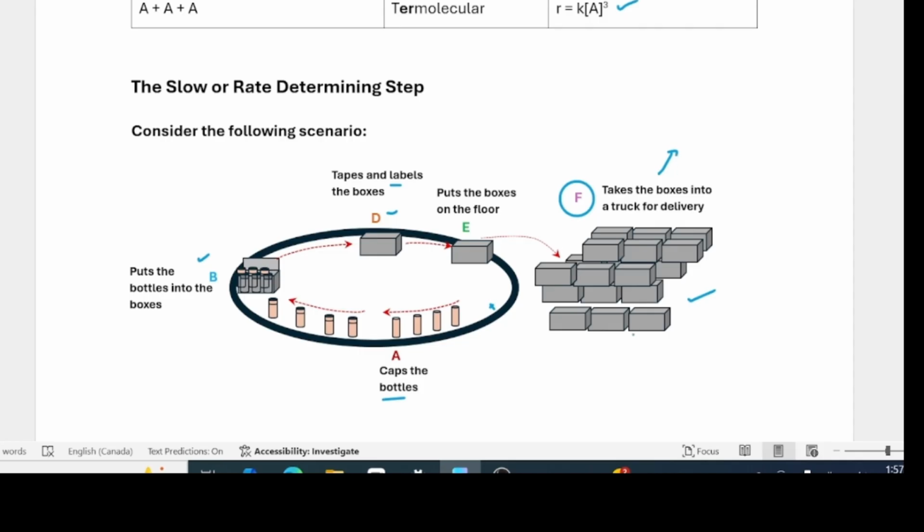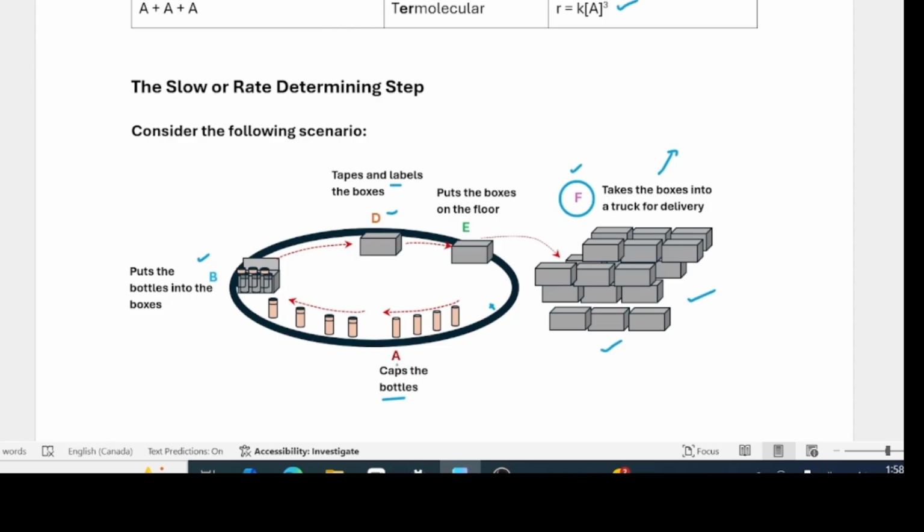The boss comes around and is furious. He sees a stack of boxes piled up on the floor here. Who is the person that is determining the rate at which the trucks are loaded and the products are delivered to customers? If you say F is the guy that is responsible for that, we will say that F and company constitute the slowest step in this whole process.